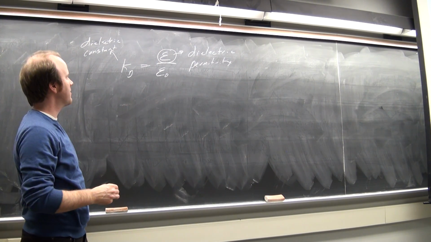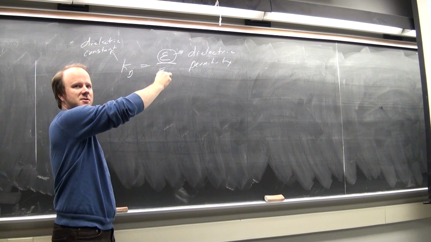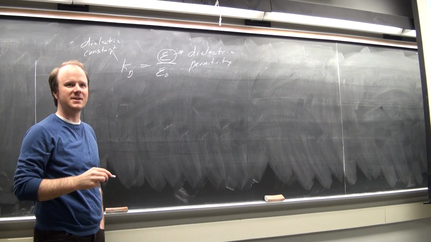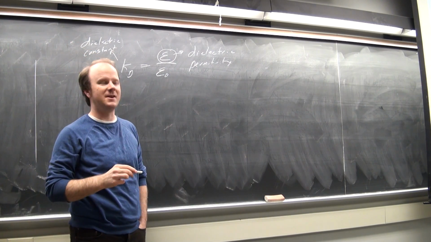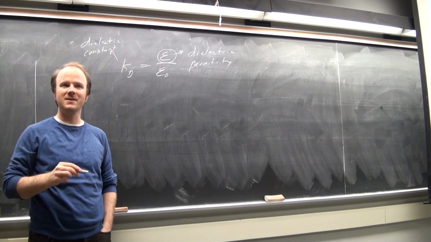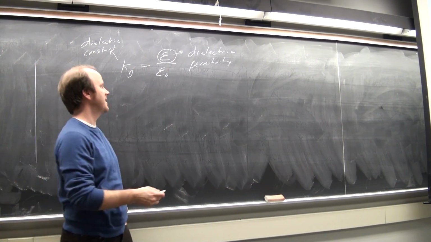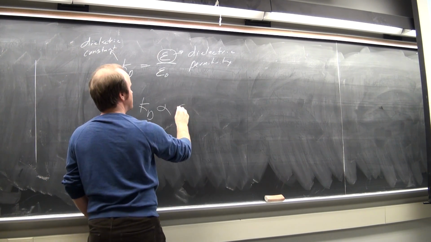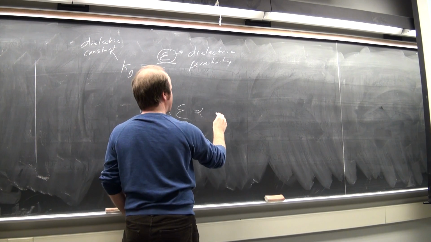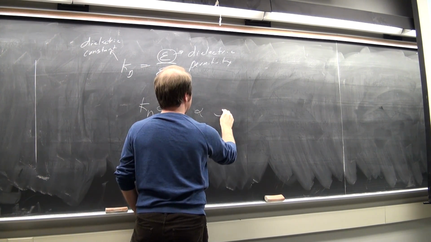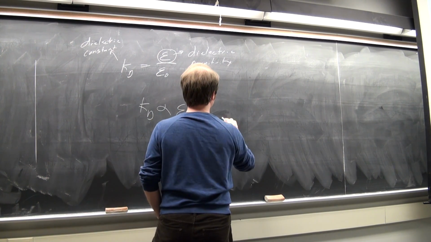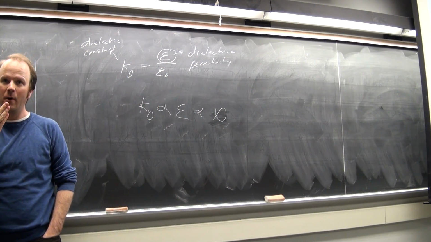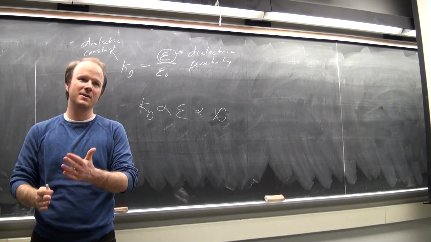So what is polarizability proportional to or inversely proportional to, dielectric constant and dielectric permittivity? Proportional. Yep, exactly. So KD, dielectric permittivity, is proportional to alpha, polarizability.